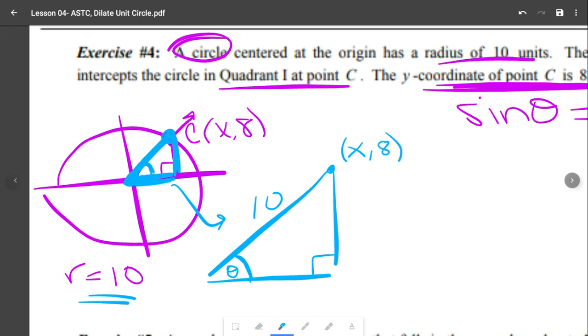X always talks about a horizontal distance. My x-axis goes left to right, so I'm talking about the side of the triangle that goes left and right. So that side is side x. Y, which is 8, is always talking about a vertical side up and down, just like the y-axis goes up and down. So that vertical side of my triangle is 8.